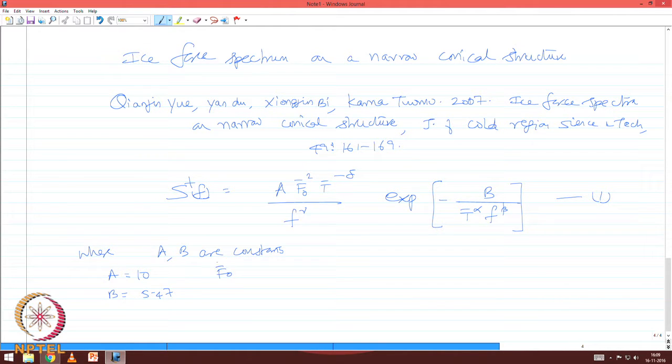F0 is the force amplitude on the structure, T bar is LB by V, which is called the ice period, f is the frequency, LB is called the ice breaking length, and of course, V is the velocity.